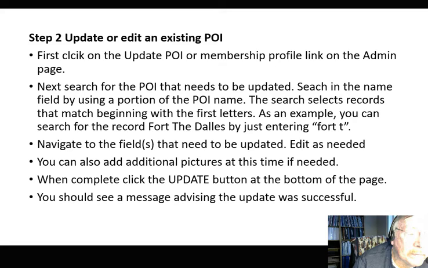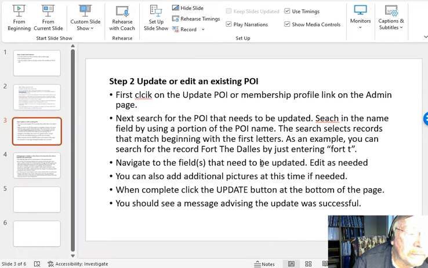Then navigate the fields that need to be updated. You can add pictures then. And then when you're done, press update. And if you get an error message, you'll need to resolve that. So let's go to our website again.